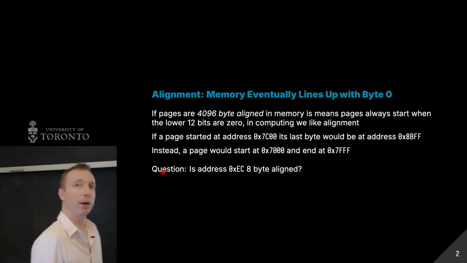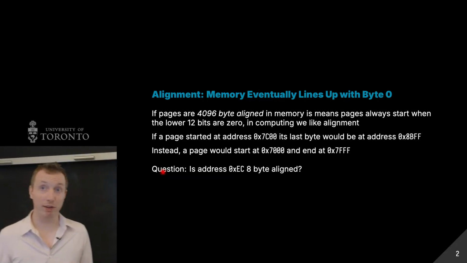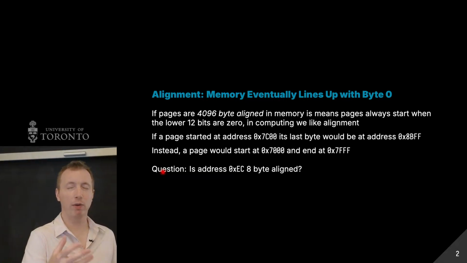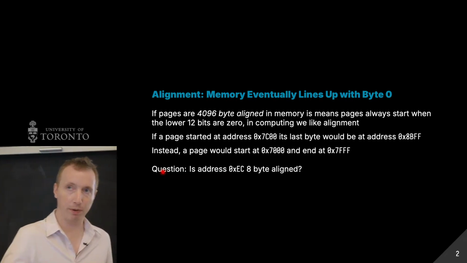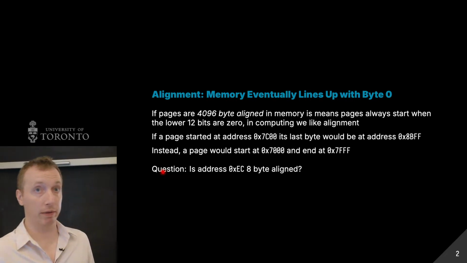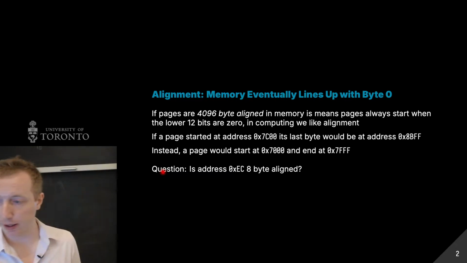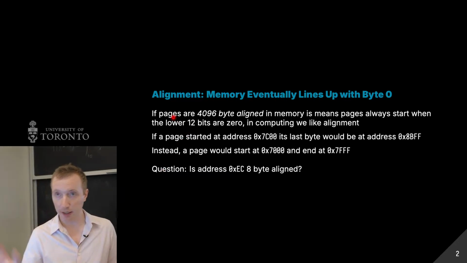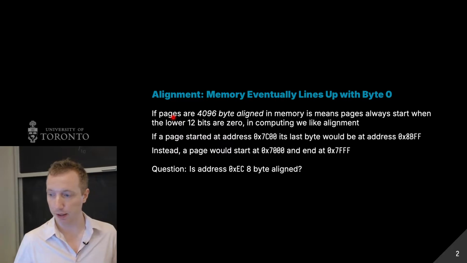So no matter what the address is, it will be divisible if you take the whole address, convert it to a number, and divide. Aligned means that everything is divisible, and computers like alignment because it's very easy to figure things out.